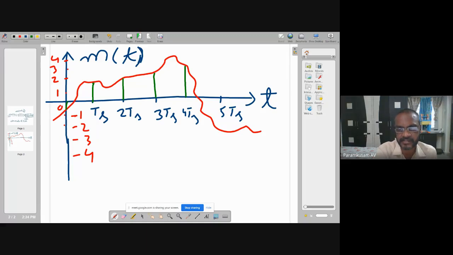At 5Ts, the value of m of t has this much height, like this. So after taking these samples, you will get only discrete time signal. That means you just erase this analog signal.